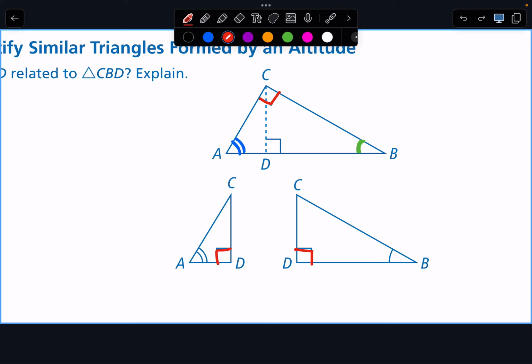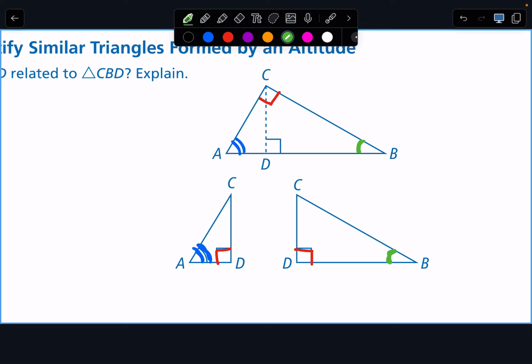Now, here is A right here, and here is B right here. What can you tell me about those two triangles down there? Well, they're similar. How do you know? So this one has two of the same angles as this one, right?